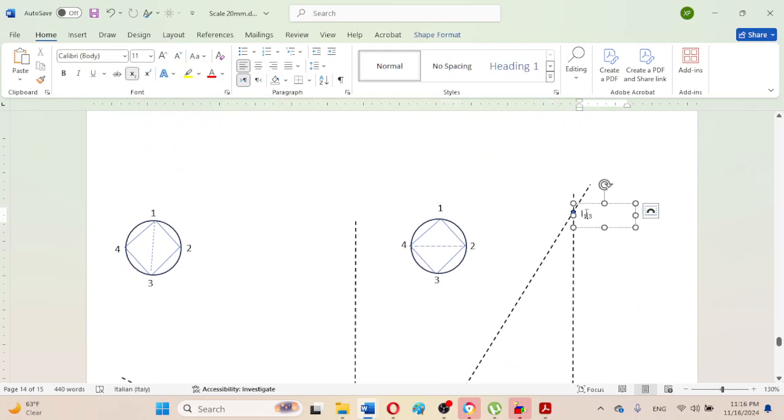So I can, for example, just copy this label, and also copy this mark as well.